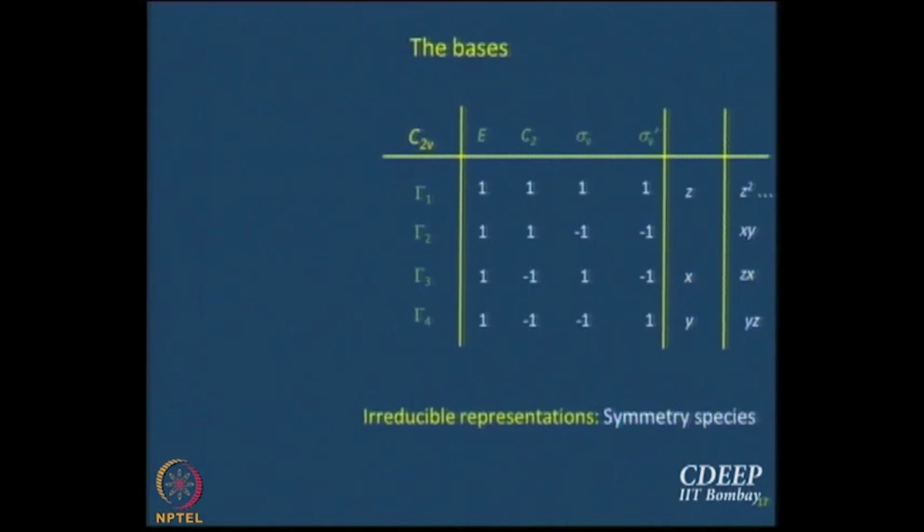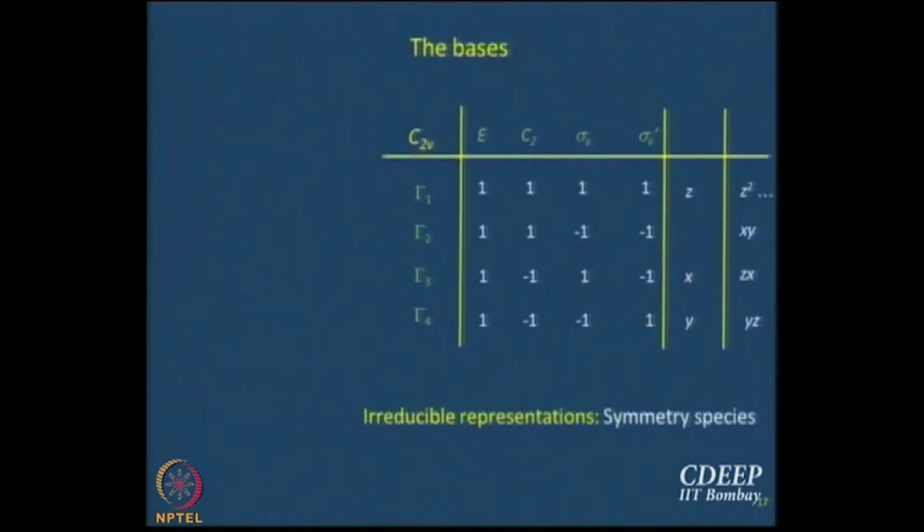Is there any other symmetry operation left? E, C2, sigma V, sigma V dashed. Is there any other symmetry operation left for this point group? No, right. So, what we have done essentially is that if you just look at this line, the irreducible representation, you will know exactly the complete behavior of each of the bases with respect to each and every symmetry operation. Okay.